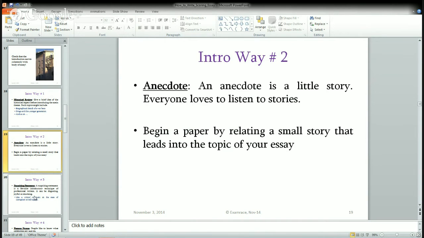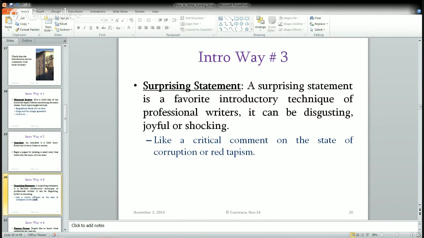The next way to introduce is I can mention a surprising statement. A surprising statement is a very interesting technique that is mainly used by professional writers.